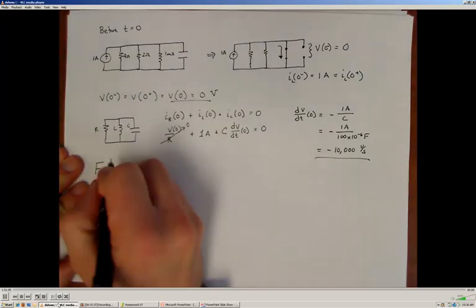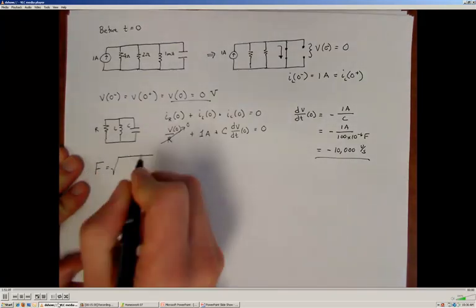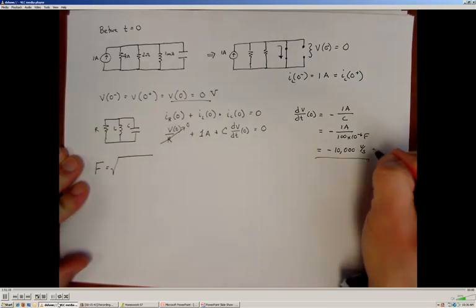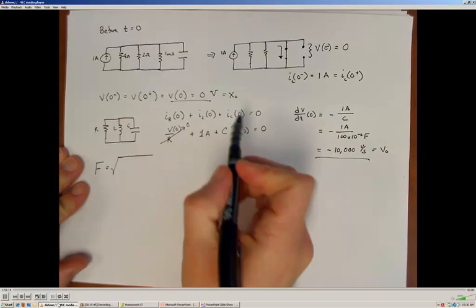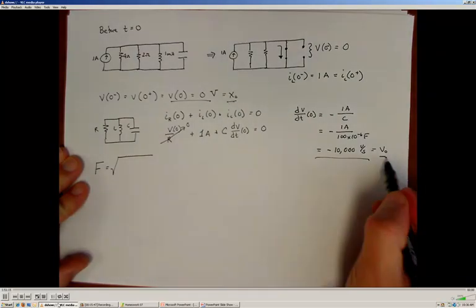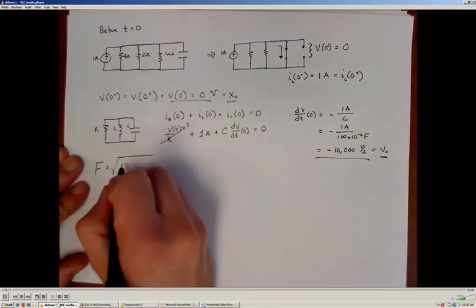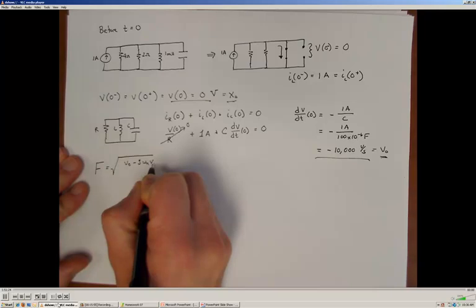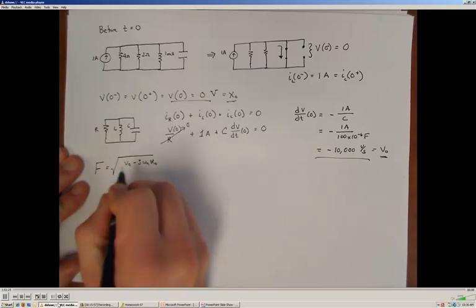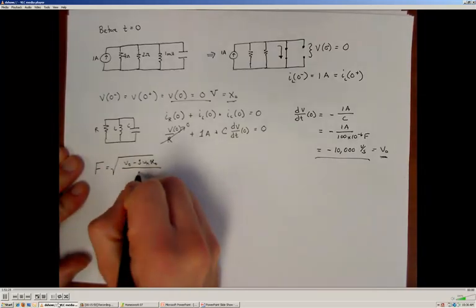Okay, so I know that the value of f is going to be the square root of, this is going to be the constant x naught, and this is going to be v naught. So I know that the constant f is v naught minus squiggle omega n times x naught divided by the damped natural frequency.